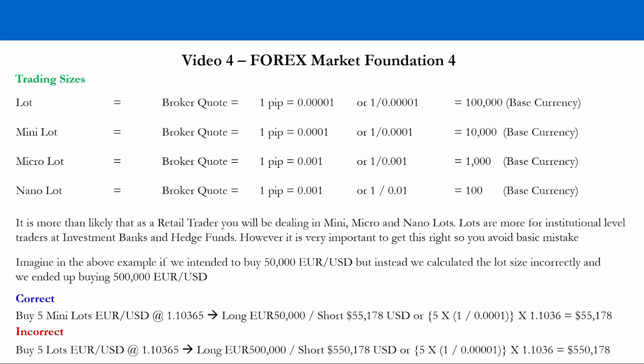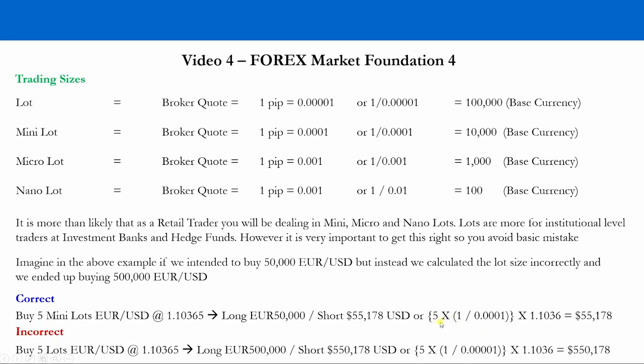The correct way, if our intention was to buy 50,000, is to buy 5 mini lots, so going long 50,000 euros, and on the other side our exposure and our P&L will be expressed in US dollars. So this is equivalent to 55,178 US dollars.